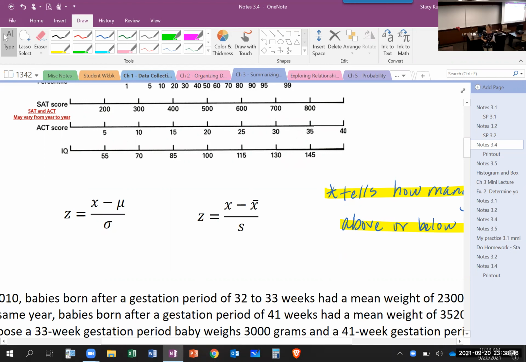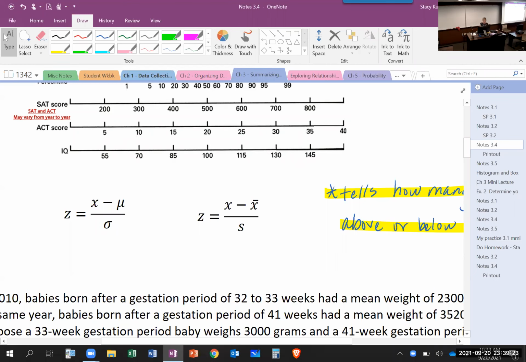All right, so it's my data point minus the mean divided by the standard deviation. Both of those formulas say exactly the same thing, right? The second formula over here says my data point X minus the mean of the data set divided by the standard deviation of the data set. This Z-score over here says the data point minus the mean of my population divided by the standard deviation of my population. They're the same things, all right? That's how we calculate the Z-score.